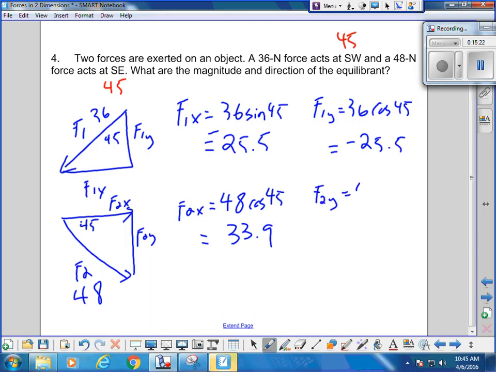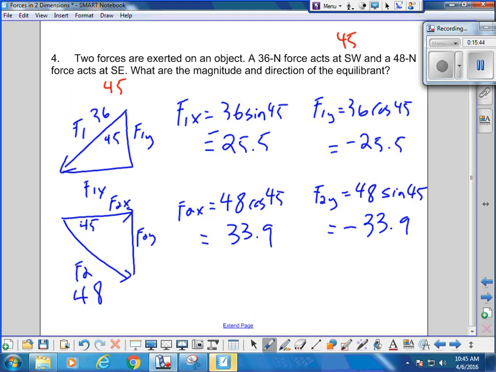F2y is going to be 48 sine 45. Mustafa, you're the man with the calculator? Oh, I knew that. Why did I ask? 33.9, but that is down, so that one's negative, right?